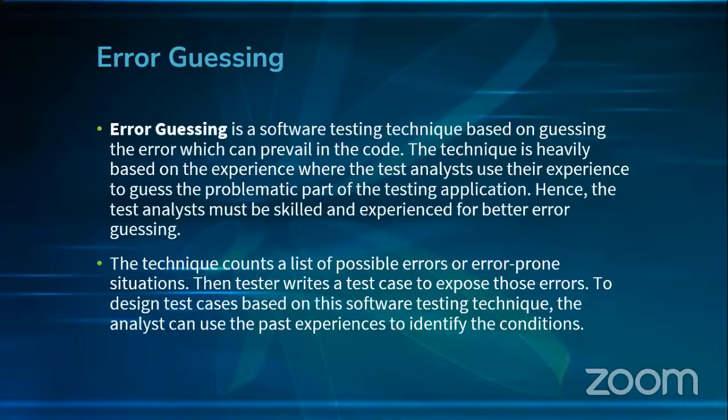The technique counts the list of possible errors or error-prone situations. Then the tester writes test cases to expose those errors. So when we are doing error guessing, we are looking at different combinations. It's a good exercise when it comes to testing.